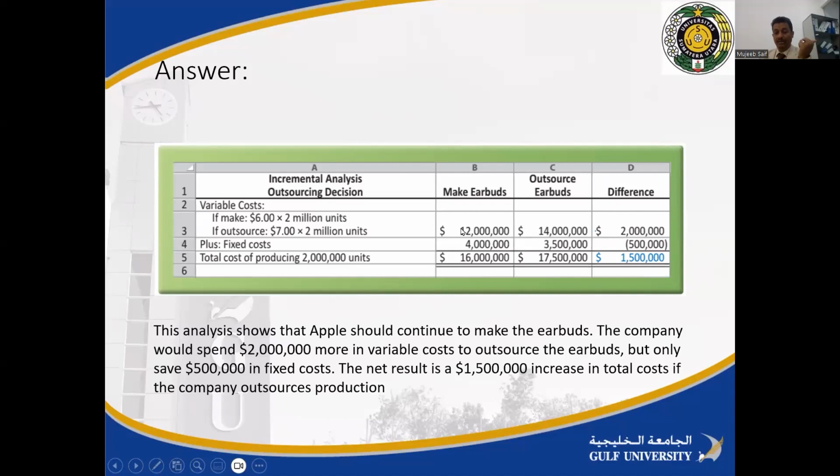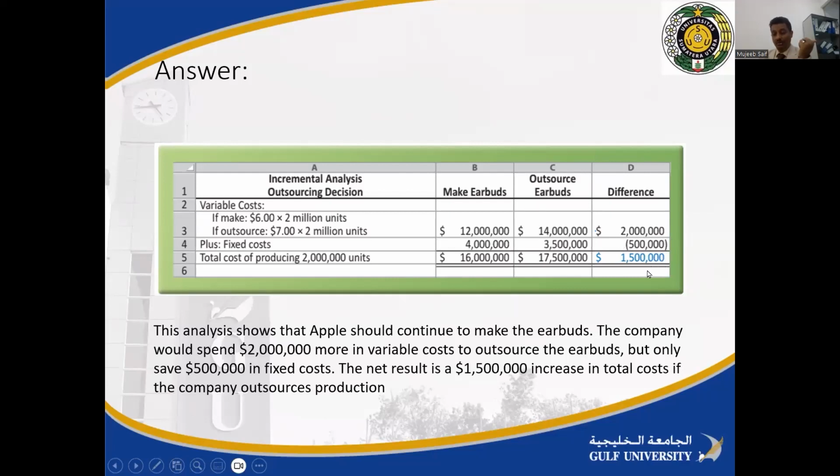If we make it inside, there is a 2 million difference, which is better than taking it from outside. So if we make it inside, we will save 2 million. And here, if we make it inside, the cost will be higher by 500,000.